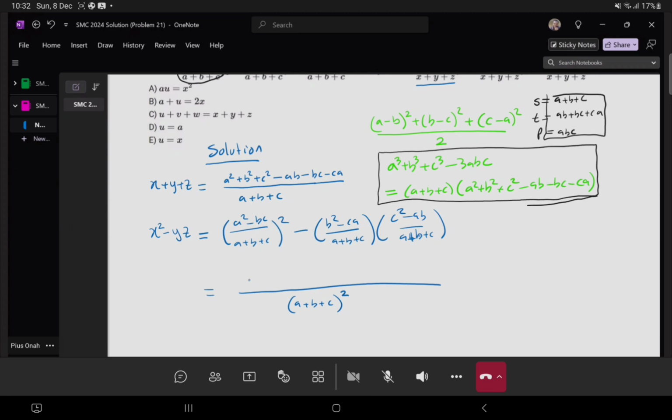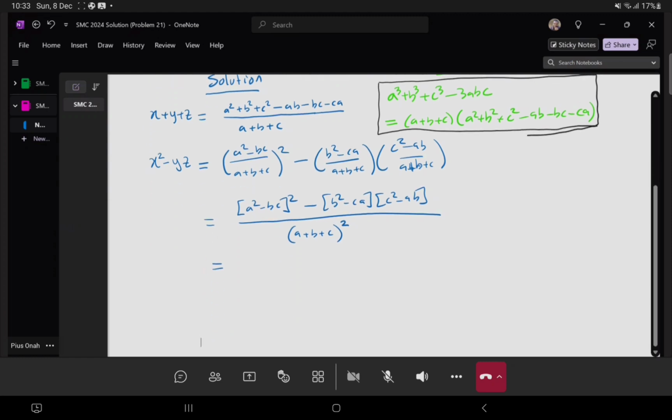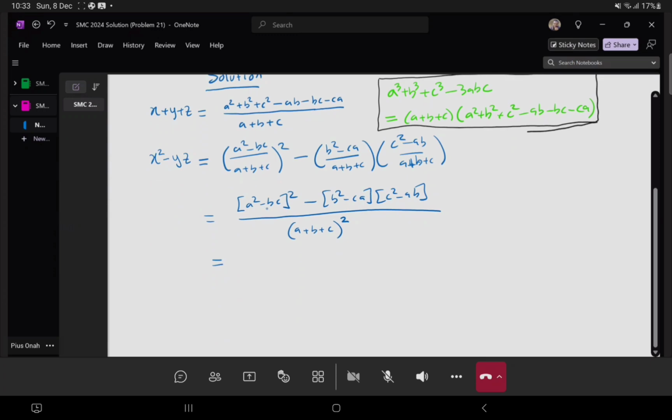What we are left with is this squared minus this. Now we just need to focus on the numerator. Our hope is that it's something factorizable. It's going to be degree 4, so let's hope. If it's not, then we'll see what we can do.